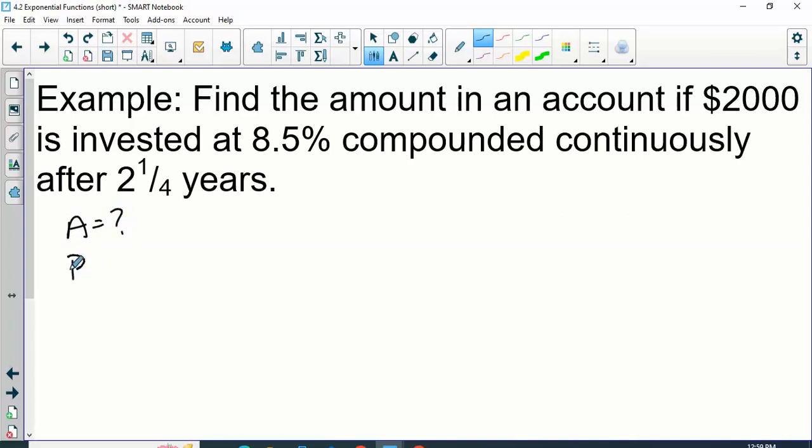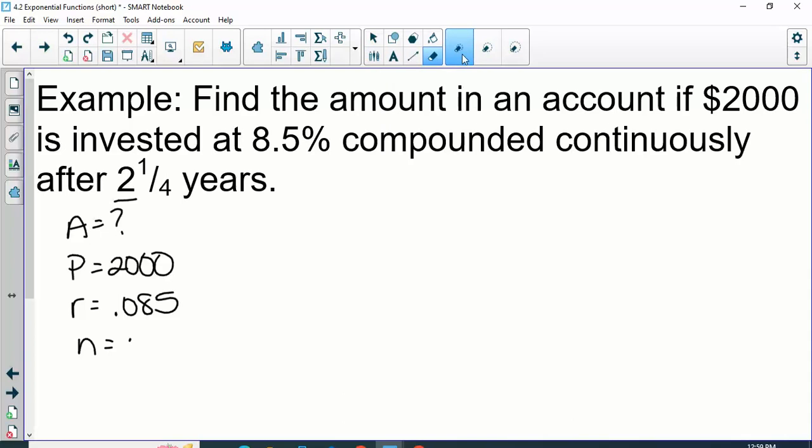So my P is, R, N. Sorry, I didn't mean to do N. I meant T. Because we didn't have an N, did we?